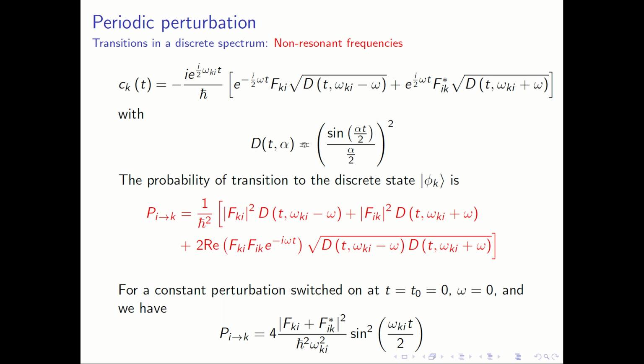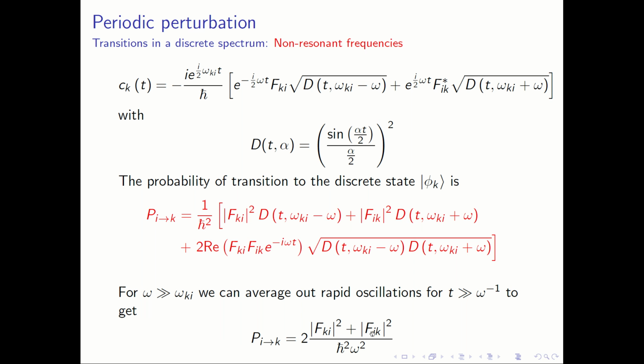Remember, dt alpha is an even function of alpha, which means omega minus omega ki is equally good, or if you ignore omega ki, this is going to be dt comma omega. So will this. If you use that, you easily end up with this result. Well, you don't directly end up with this result. You actually end up with terms like this, this, and this with dt's thrown out.